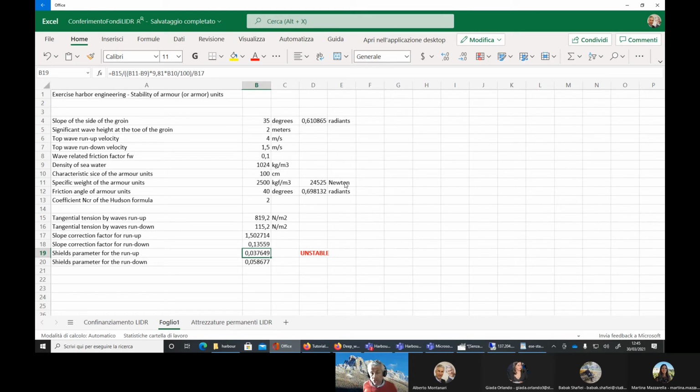So a simple application of the Shields criteria, which is physically based, takes into account everything but the shape of the units, of course, but it takes into account most of the driving processes. Then you see that the simple application allows you to play with the numbers and to see the orders of magnitude, what matters.